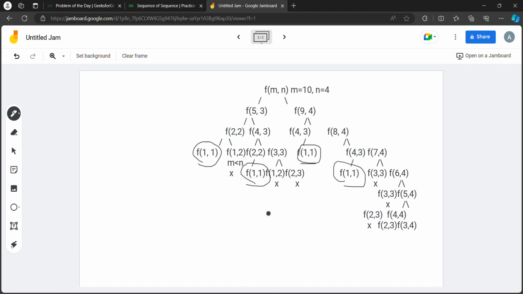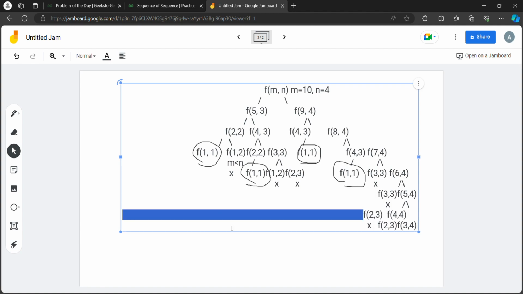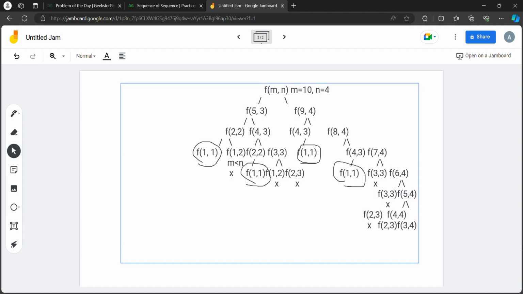Okay, then we need to do like this. Okay, our approach is that when we take a last element, in that case what we need to do, simply f of m divide by 2, okay, and size decrease by 1.